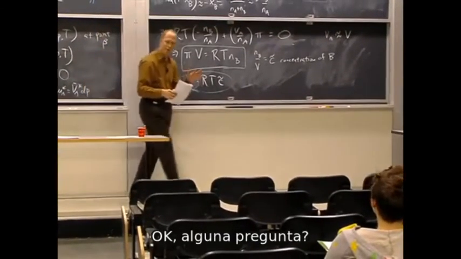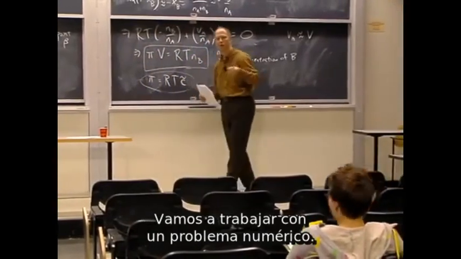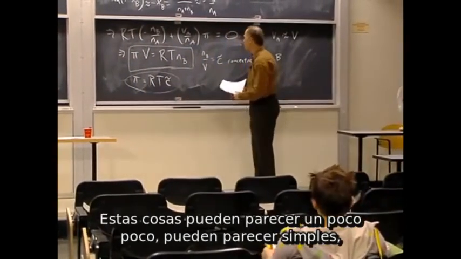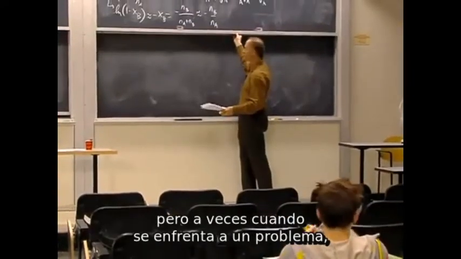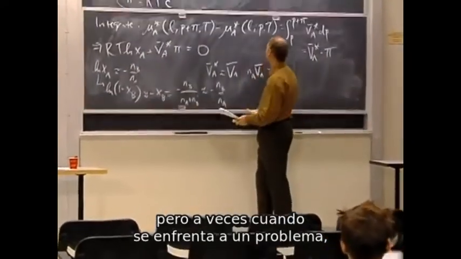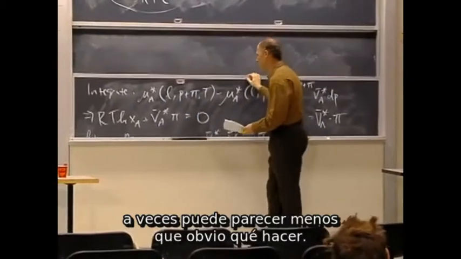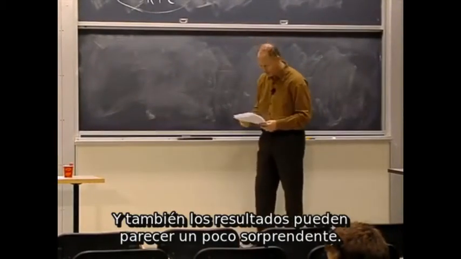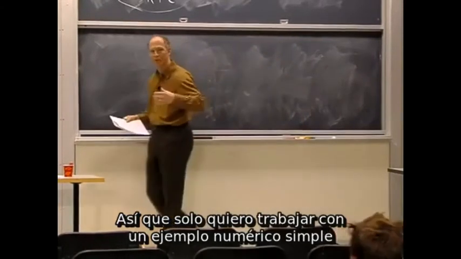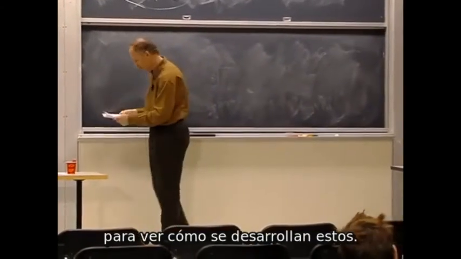All right. Let's work through a numerical problem. These things can seem simple, but sometimes when confronted with a problem, it may seem less than obvious what to do, and also the results can seem a little bit surprising. So I just want to work through a simple numerical example to see how these play out.